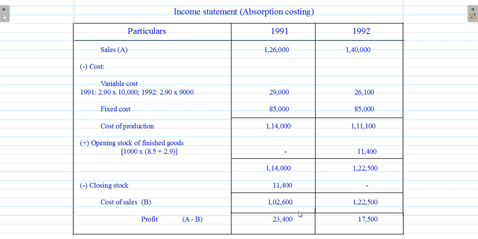Therefore it is inflating the 1991 profits, and to the same extent it is decreasing the profit of 1992. So this is the reason for the abnormality in the results disclosed. Thank you.